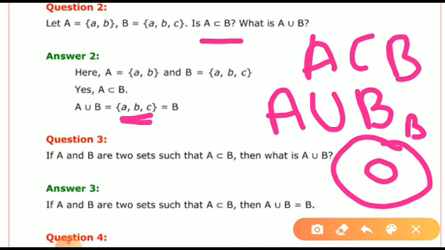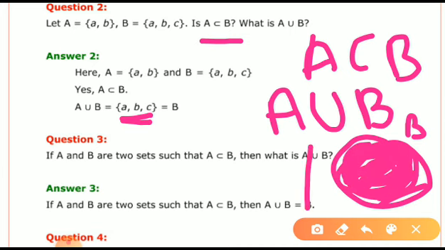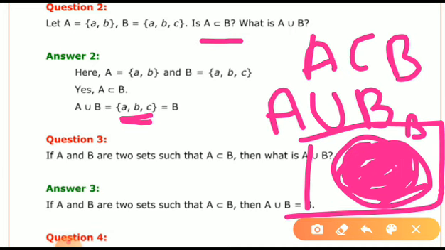This is my B, this will be my A. So A will be a subset of B and union means the whole set B it will be. The whole set B I have to shade, and outside will be the universal set U. Hope this is clear. If it is a subset, A should be included inside B. So union will be the whole set B.